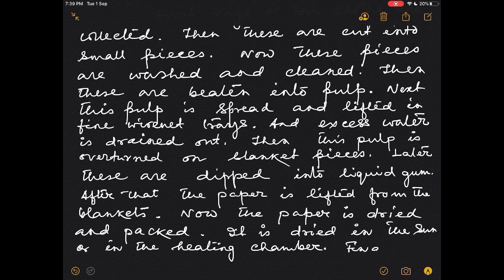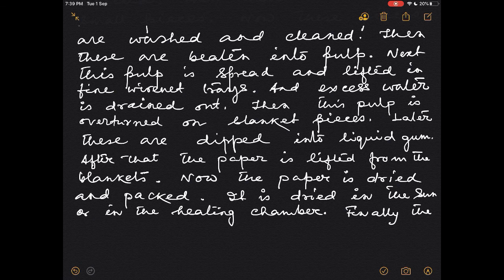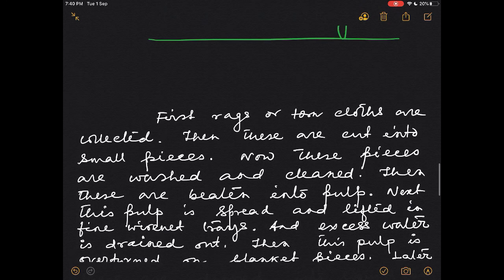Finally, the paper is ready for the market. Okay, these are the points put together side by side in a paragraph. Now you know that you have to write one introduction.